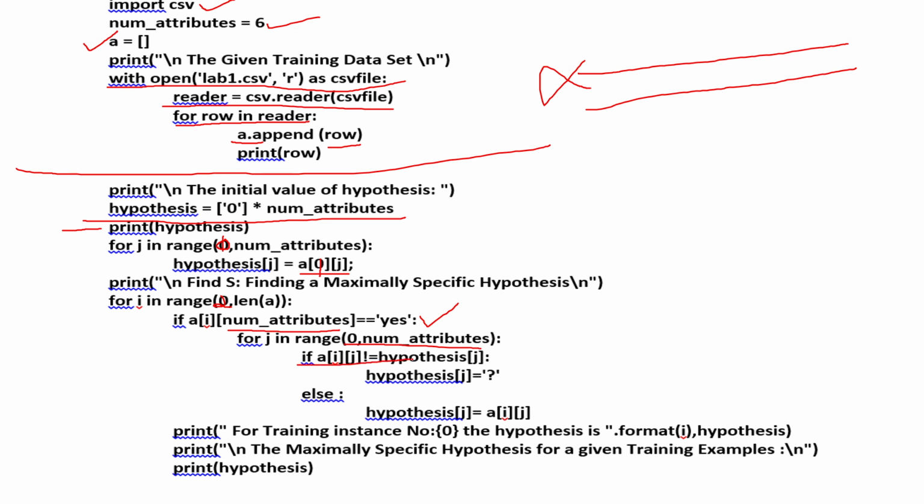If the attribute in the hypothesis and the attribute in the data just read are not the same, replace it by a question mark. Otherwise, retain it. Replace or retain. Like that, you repeat for all the positive examples. At the end, display. This is the program for the Find-S algorithm.